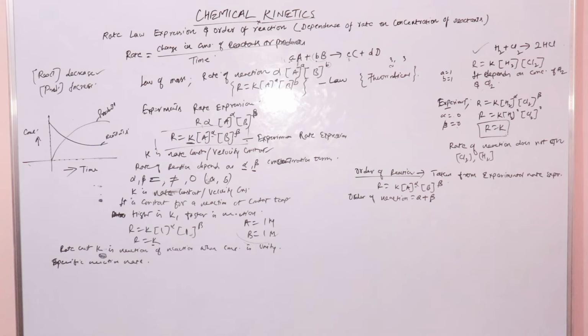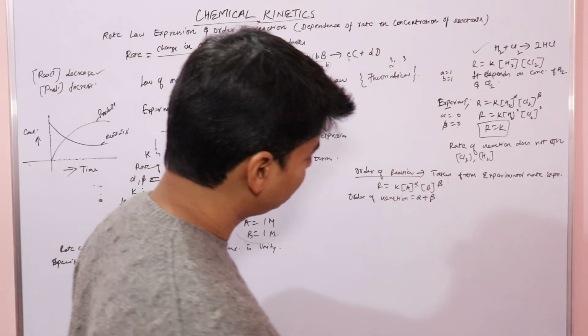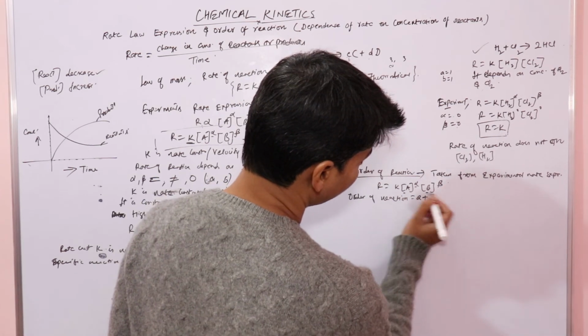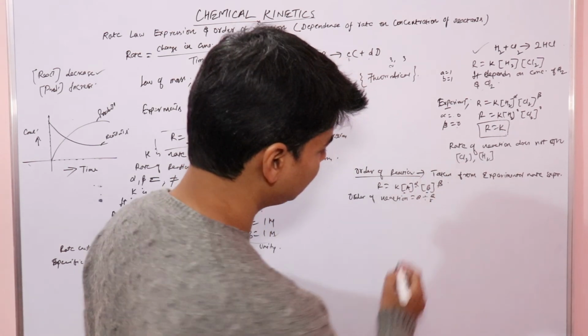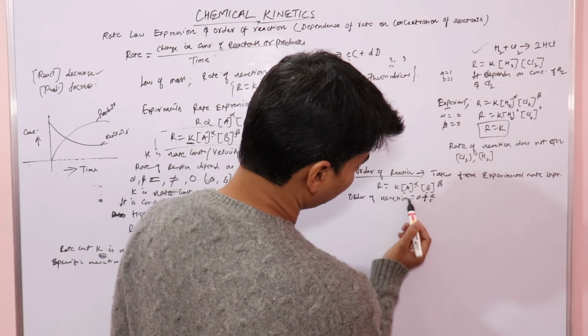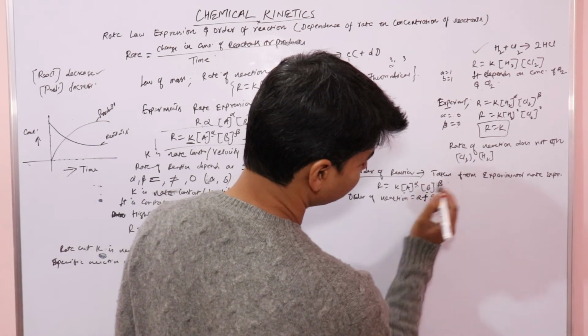So the sum of powers to which the molar concentrations are raised in the rate law expression is your order of reaction. So here the order of reaction would be alpha plus beta.